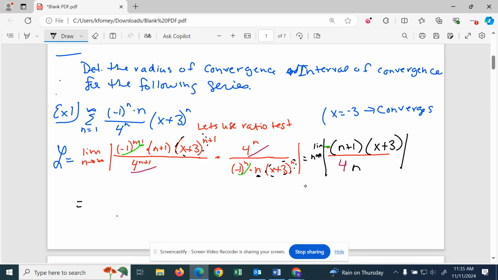We can take out the x plus 3, but we need to keep the absolute value because there could be values that would make it negative.